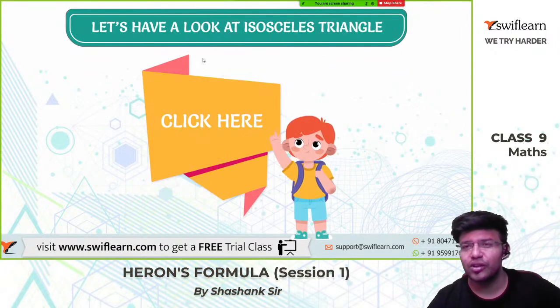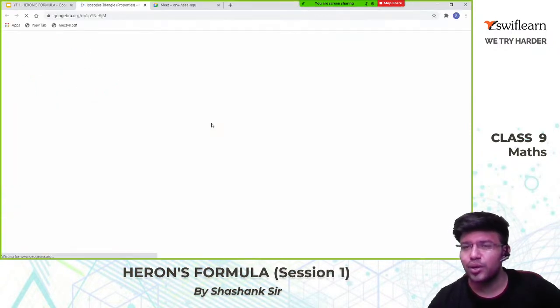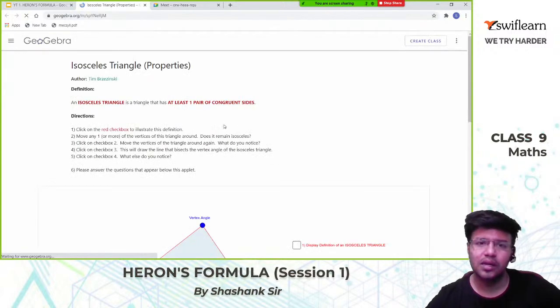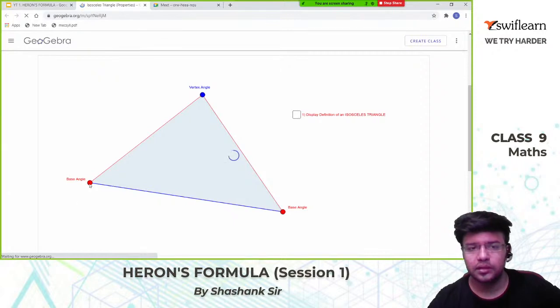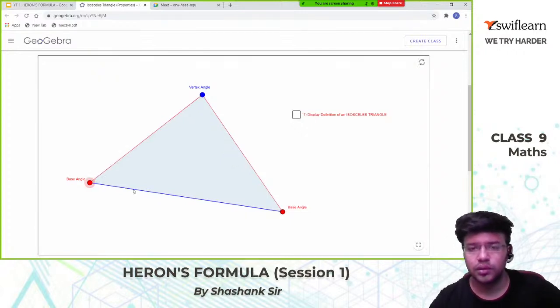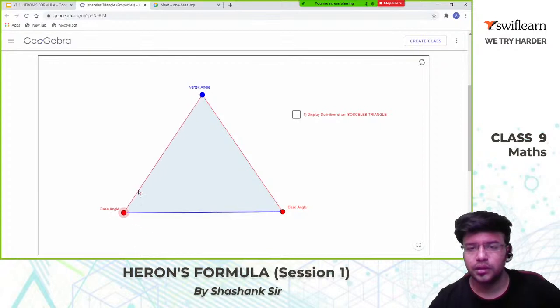Let us have a look at the isosceles triangle. What is the isosceles triangle? Isosceles triangle is a triangle where two sides are equal and the other side is not equal. Now see here, these two sides are equal.